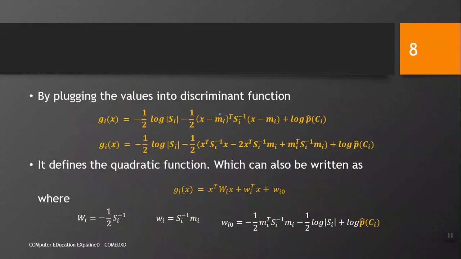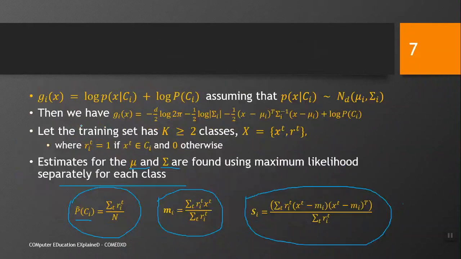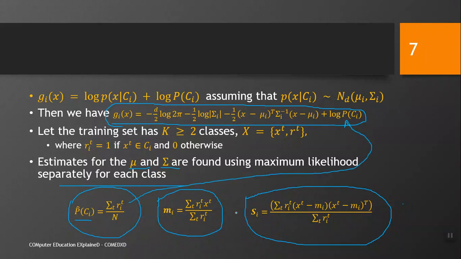By plugging the values into the discriminant function that we have seen in the previous slide, we get this discriminant function, and we are going to plug in the values of our estimates. For example, we will put the value of this over here, the value of this m_i would be placed here because it represents this thing, and the value of this S_i would be placed over here.